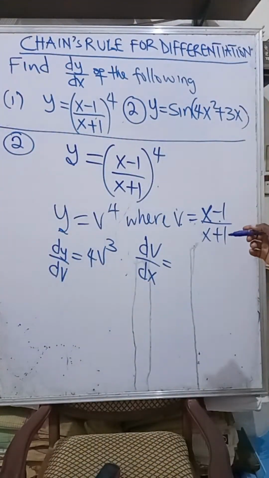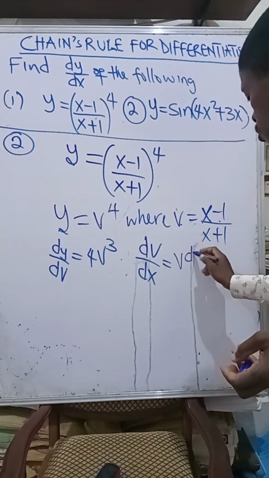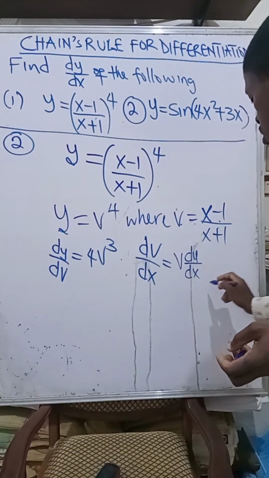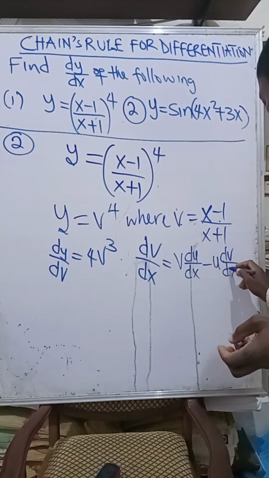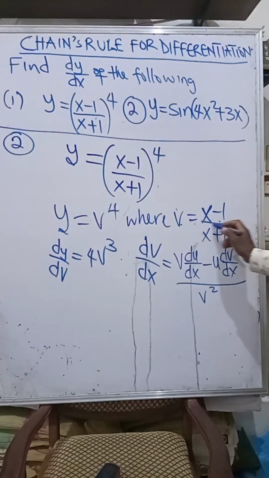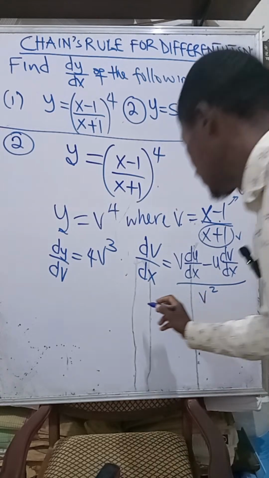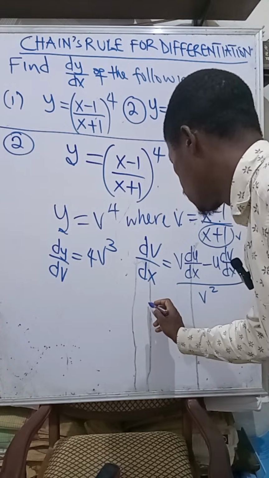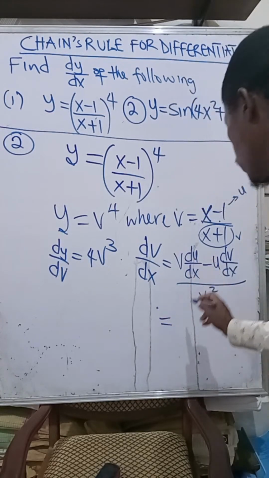So the quotient rule is very simple. What's the formula? The formula is v du/dx minus u dv/dx, over v squared. Your v is your denominator. Your u is your numerator. So let's quickly apply that. That will be equal to: my v is x plus 1.